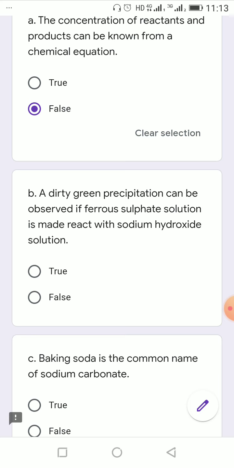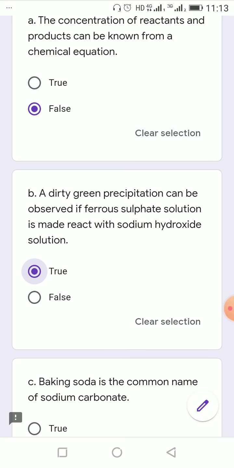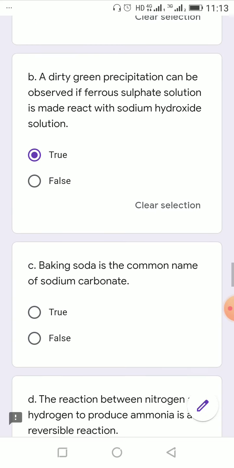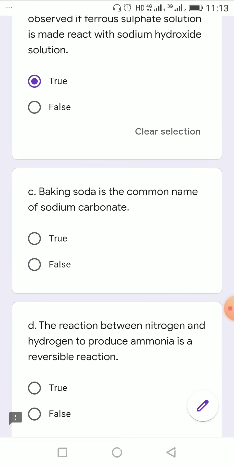Yes, we can get a dirty green precipitate of ferrous hydroxide, so it will be true. Baking soda is the common name of sodium carbonate. It will be sodium bicarbonate. Baking soda is the common name of sodium bicarbonate, not sodium carbonate, so it is false.